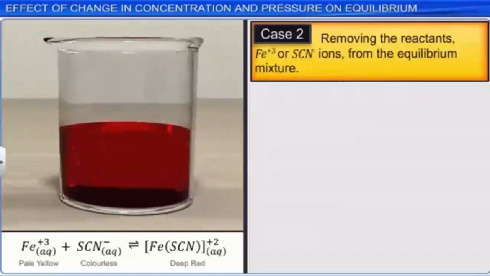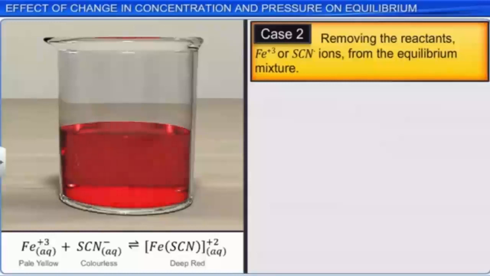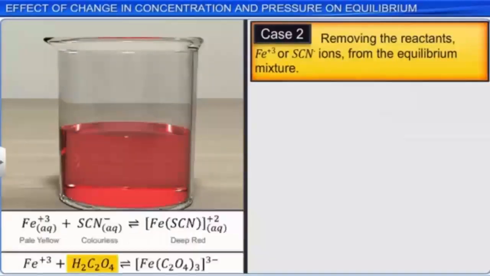You can see that the intensity of the red color of the solution decreases and the solution turns pale. Why does this happen? Oxalic acid reacts with Fe³⁺ ions in the equilibrium mixture and forms a stable complex, trioxalatoferrate(III) ion.